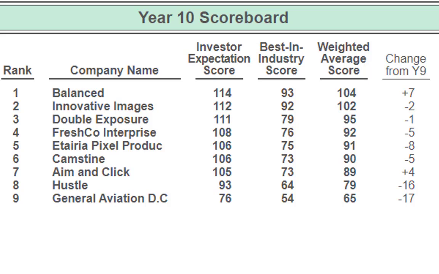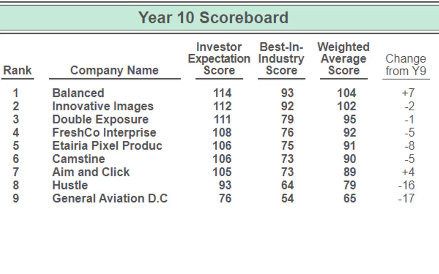And then you have Teams I, D, F, and E. But at the bottom, what I want to point out, even though some other teams had a dip, anywhere from -1 to -8, Team H had a -16, and Team G had a -17 for Year 10, which is a tremendous downturn.